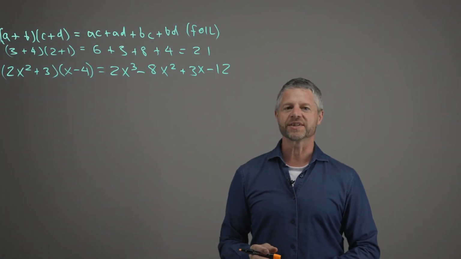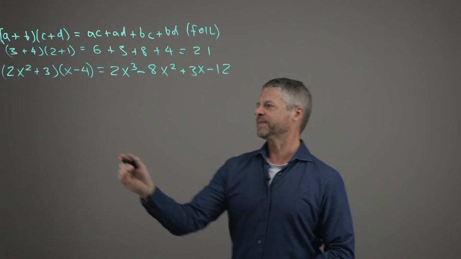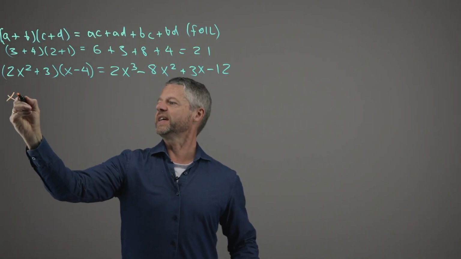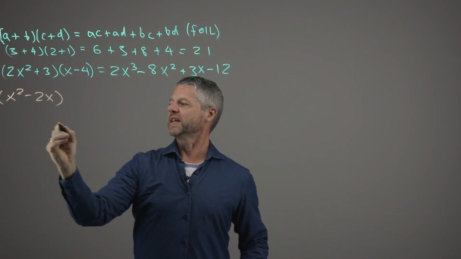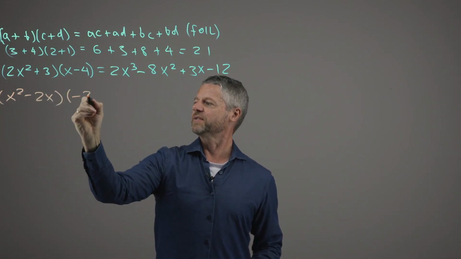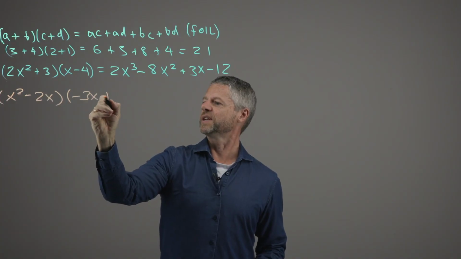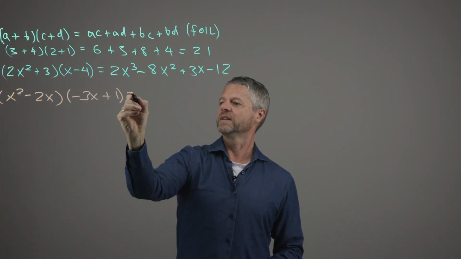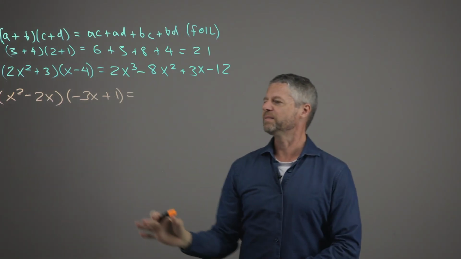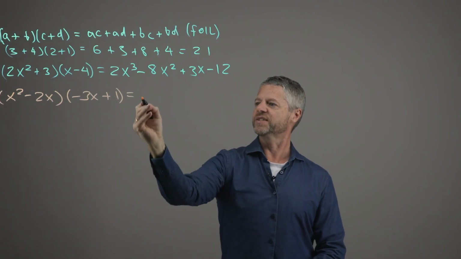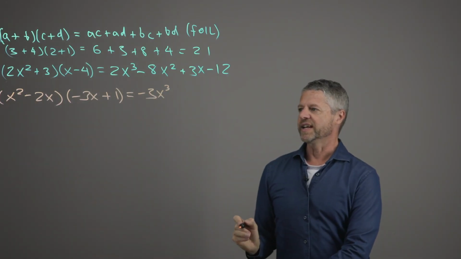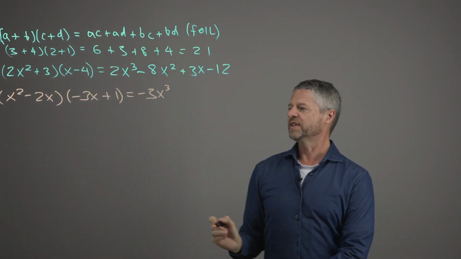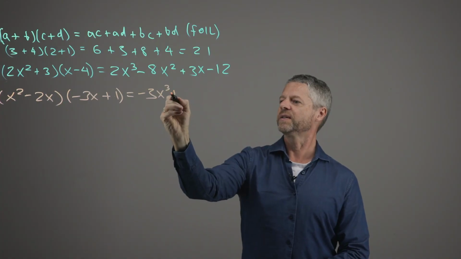So let's do a few more examples to make sure we've got the idea. Let's do x squared minus 2x times minus 3x plus 1. So first terms, x squared times minus 3x, so that'd be minus 3x cubed. And then the outer terms, so x squared and plus 1.